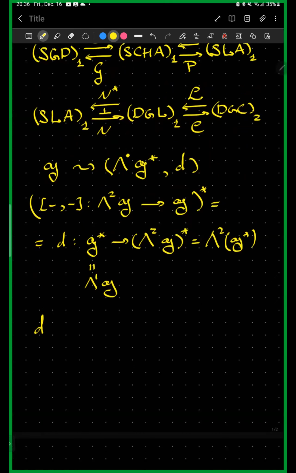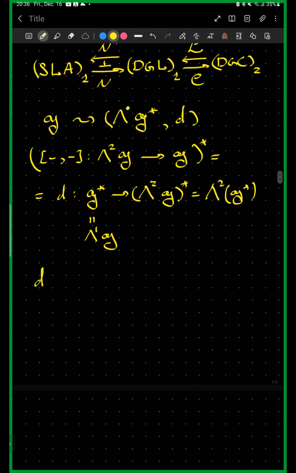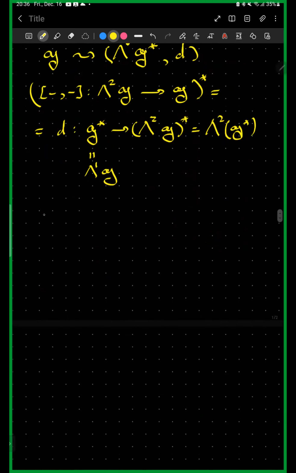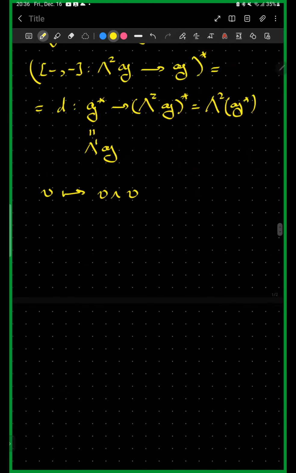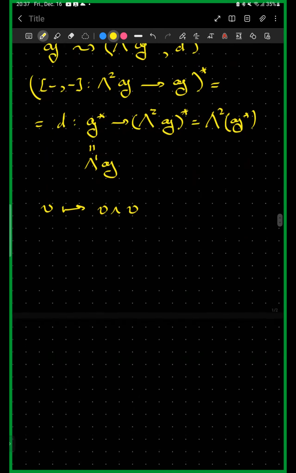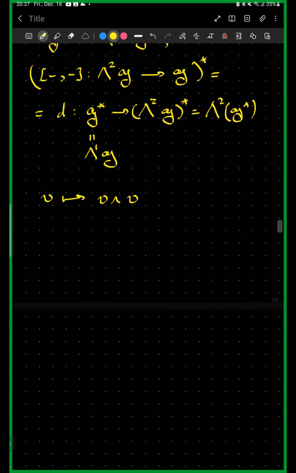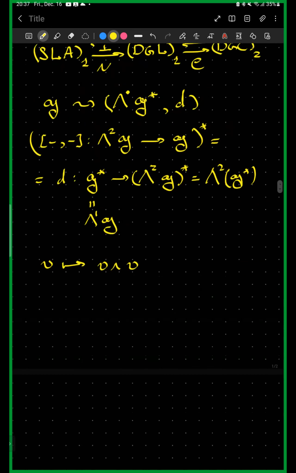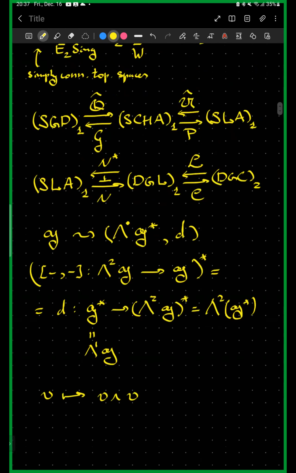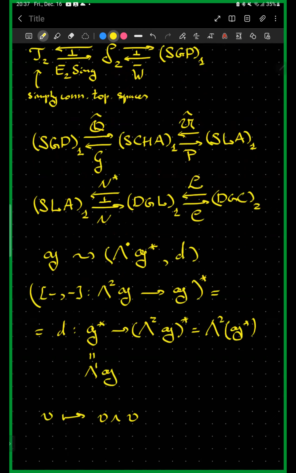But since it's an exterior algebra, it is actually also a coalgebra, with comultiplication given by mapping an element into its wedge product with itself. Okay, so that's the general idea on how to construct the sequence of functors.